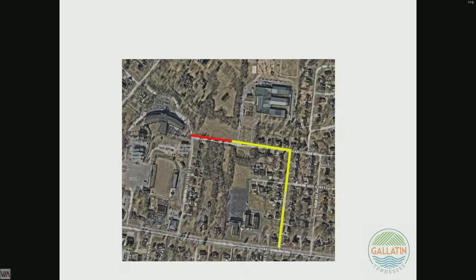Pretty much all of the streets in Gallatin that were platted pre-1970-ish, 1972, 1973, the right of way is about twice as wide as the pavement. So there is room, we think.